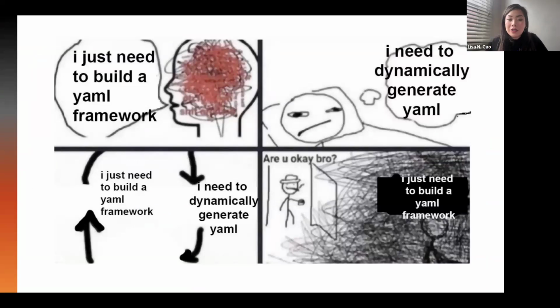Generally, this is sort of a joke slide that I put in, but a lot of the things I mentioned here are very declarative, very configurable, and it's very easy to fall into the rabbit hole of over-abstracting.